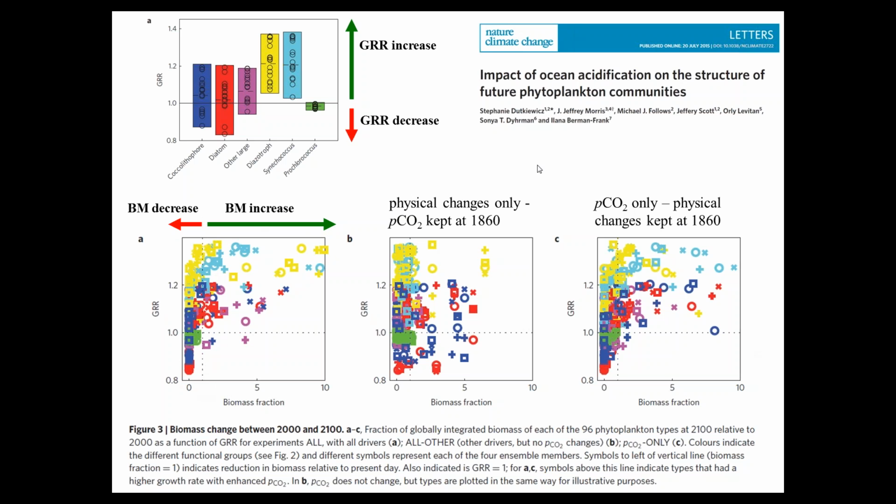Many of these data points obviously could be fleshed out with additional experiments that look further into interspecies competition, either within the functional group or between those functional groups, and also over a larger range of probable CO2 concentrations. Again, these were taken from experiments that just had two different CO2 treatments.